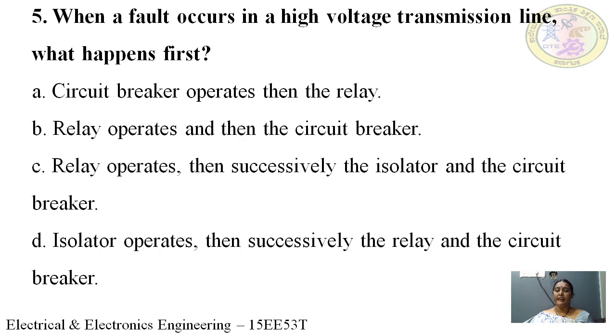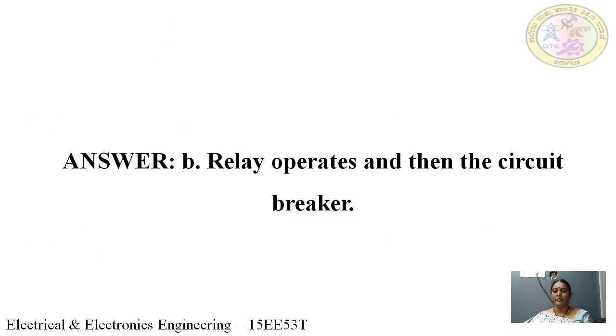Relay operates, then successively the isolator and the circuit breaker. Isolator operates, then successively the relay and the circuit breaker. The correct answer is relay operates first, and then it will give a trip signal to the circuit breaker.